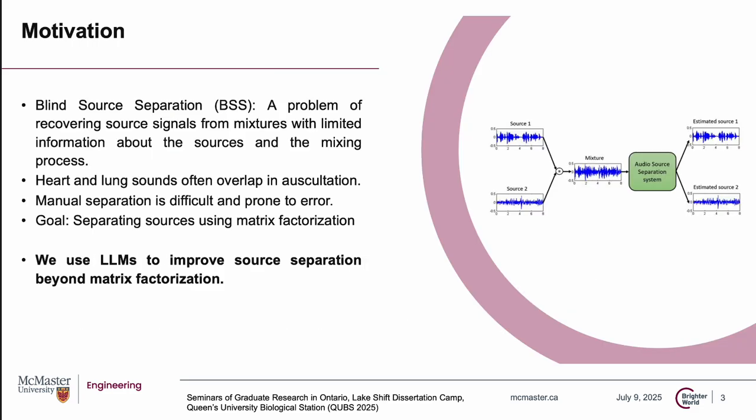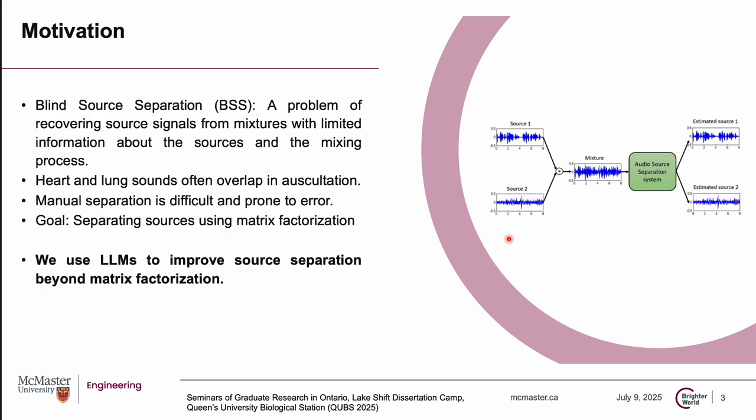I want to start by talking about the motivation for why we are doing this. We want to do BSS, or blind source separation. Blind source separation is the problem of recovering source signals from a mixture with limited or no information about the sources and the mixing process. Here, we are specifically working with heart and lung sounds, and these sounds often overlap when you record them in auscultation.